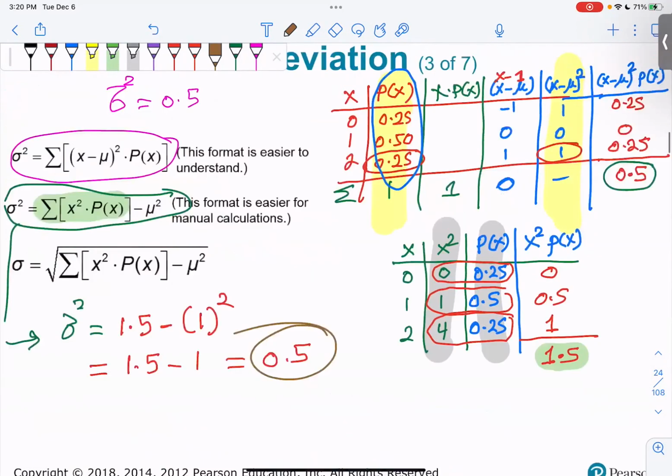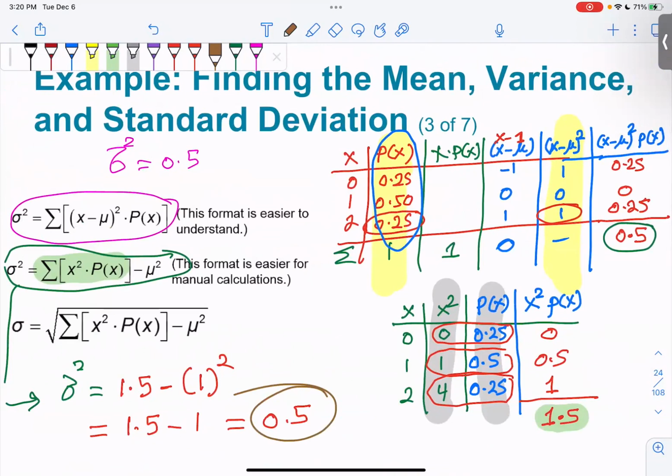So now you see that if we use this formula or this formula, we will get the same answer basically, right? So you can choose which one you want to use, but it's easy to use the first formula if we have a whole number for mu. So if mu equals 5, 3, 4, 7, it's easy to use the first formula.